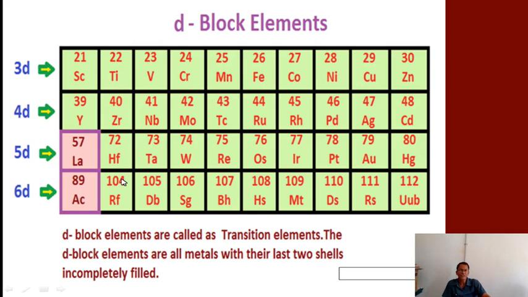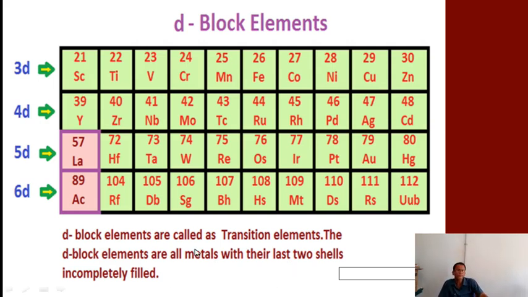That means their last electron enters the D subshell. That's why these are called D block elements, or also transition elements. They come just after the S block, then D block, then P block. That's why it is a transition state in between the S block and the P block.